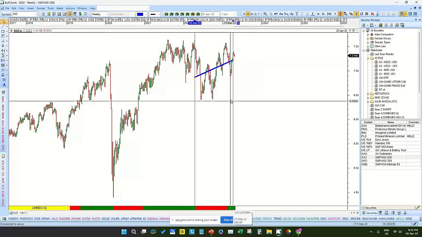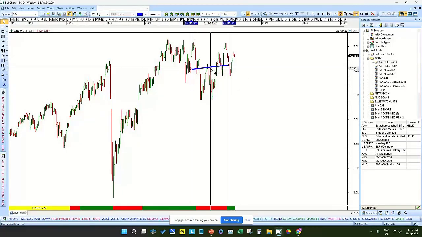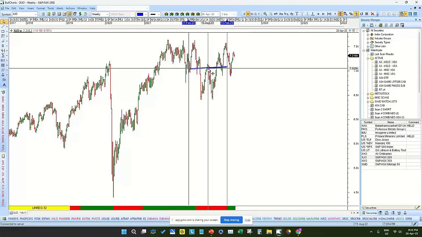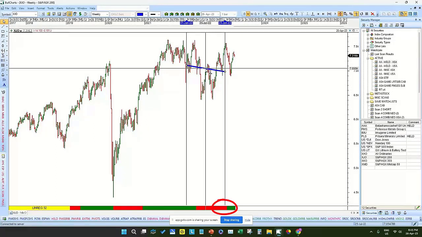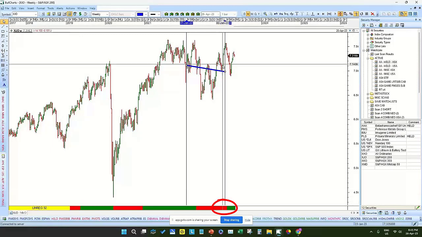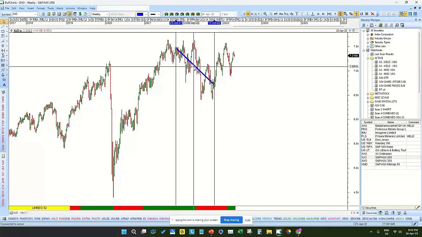It's in the green. And if I drag the whole linear regression box across the screen, you'll see it flattens out, pretty well flat, and now it goes negative, which you see down the bottom, down here. That point is now gone into the red, and it's still red.